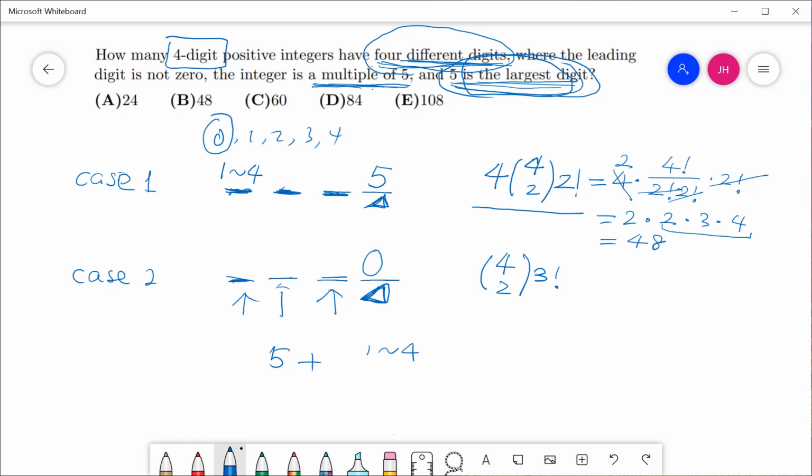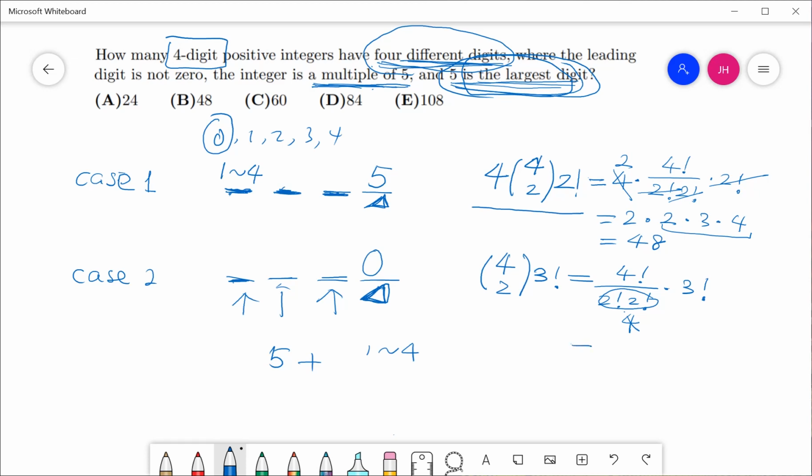All right, let's look at the second expression. We have 4 choose 2, which is 4 factorial over 2 factorial times 2 factorial, times 3 factorial. So 2 factorial times 2 factorial gives you 4, and we cancel this 4 with a 4 in the 4 factorial.